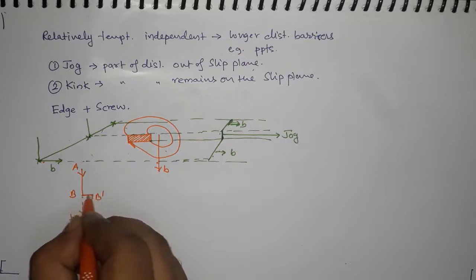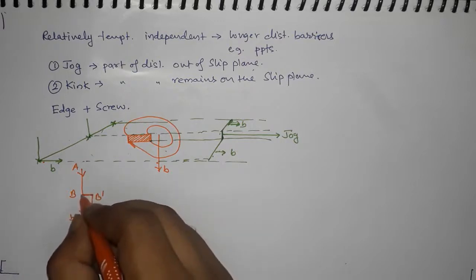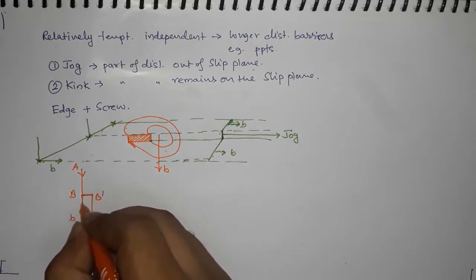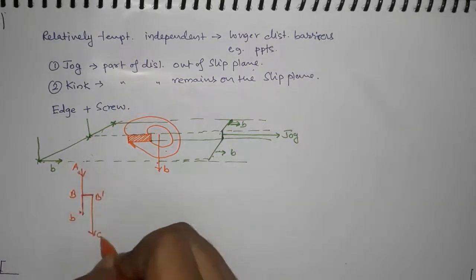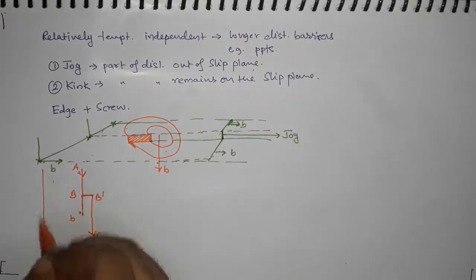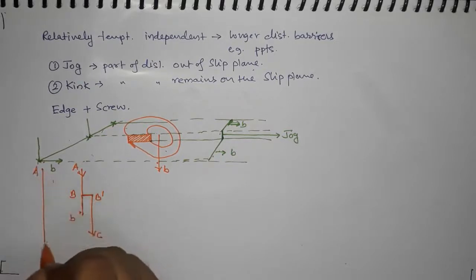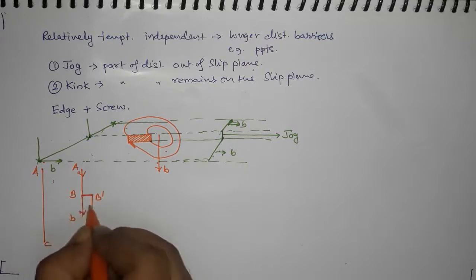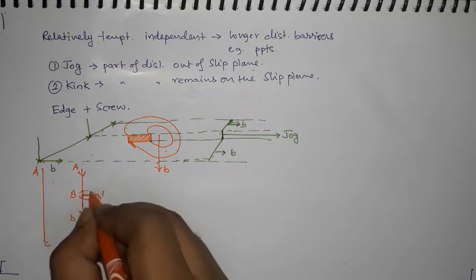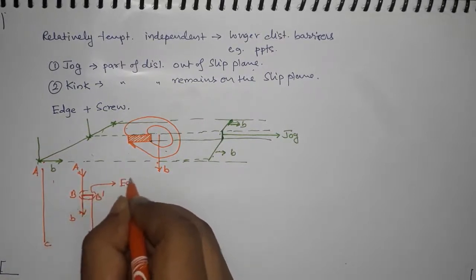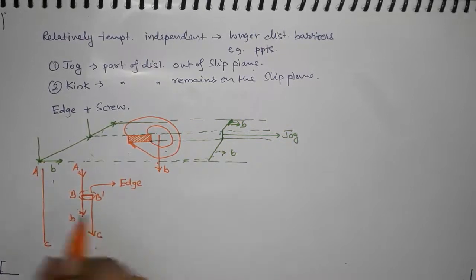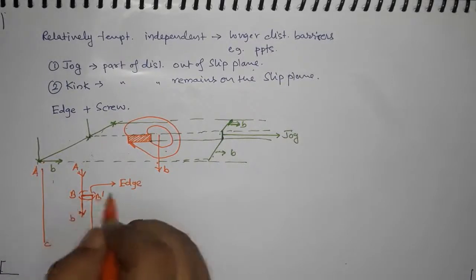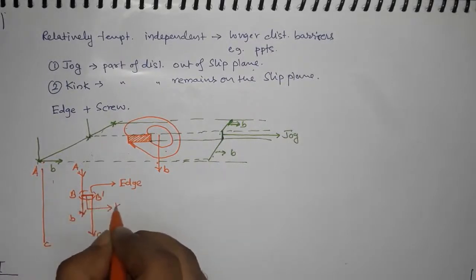But BB dash is a part of the screw dislocation AC, which has a Burgers vector perpendicular to it. So this is like an edge dislocation part, an edge part formed on a screw dislocation. The whole thing remains on the plane. So this is a kink.